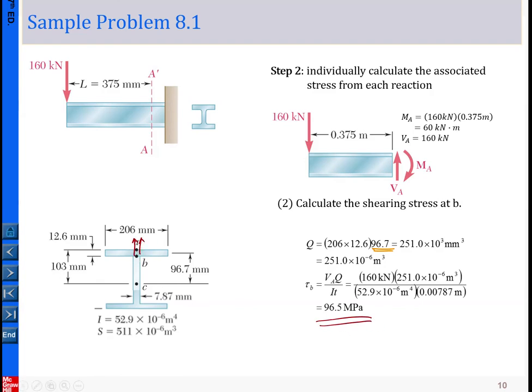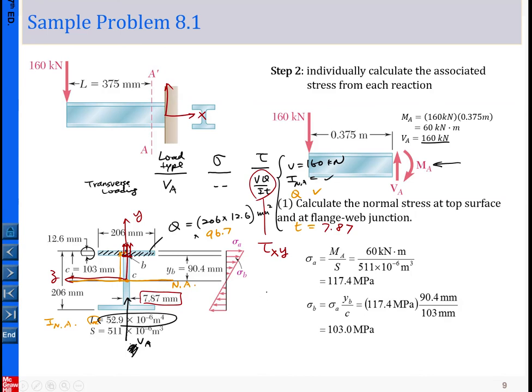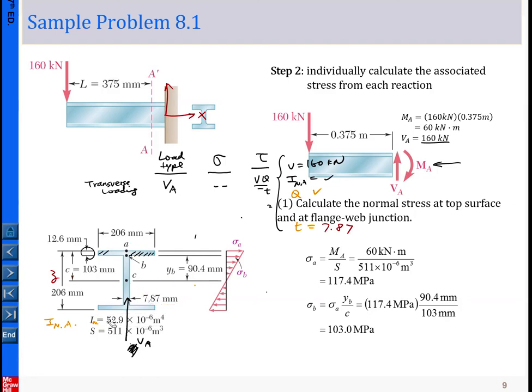About the normal stress, let me erase the scratch and then see. Now again I tabulate the calculations.